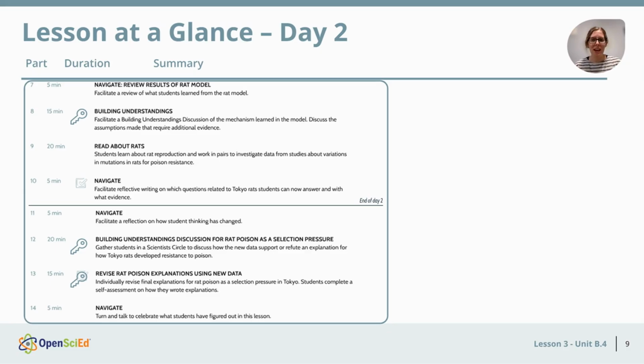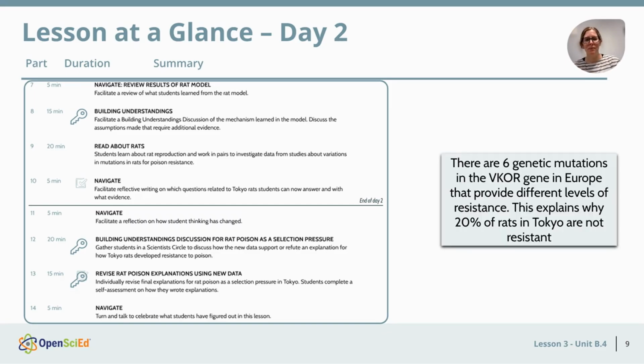Then the next day, we'll have another building understanding discussion for rat poison as a selection pressure, now that we know more about differential survival depending on the variations in the mutations. We'll revise the rat poison explanation using our new data, and then talk about what we figured out in this lesson.